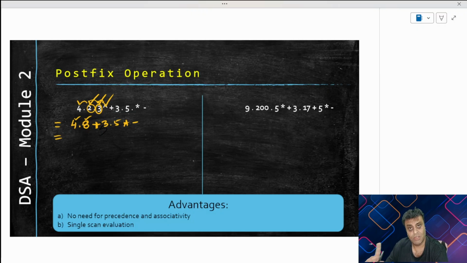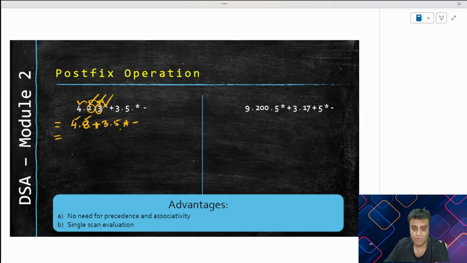So that means that it is only one pass. We are not going back and forth and understanding precedence and all of that. I am just showing it in different steps. It could have been done in one single step, and it is done in one single step as far as the computer is concerned.